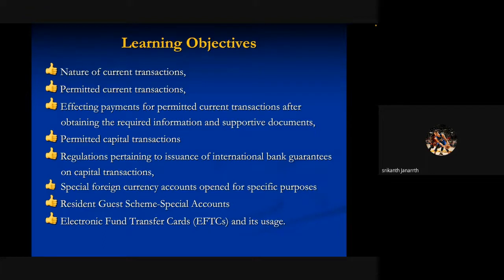Then effecting payment. For us to do the payment, we need to have the supportive documents and the required information. Remember, when you are doing any current transaction, we are going to see what type of documents is required. As a bank, as an authorized dealer, we should be satisfied with the supportive documents and the information provided by the customer.